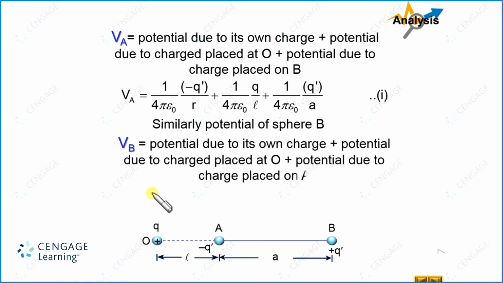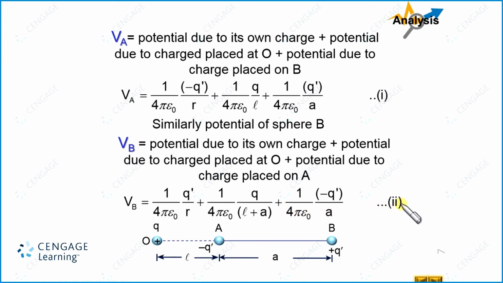Now, we can write the magnitude of V B. V B because of charge q dash is equal to 1 upon 4 pi epsilon naught q dash divided by r, plus the distance of this charge to B is L plus A. So, the potential due to q should be equal to 1 upon 4 pi epsilon naught q divided by L plus A, and the potential due to this at this position should be equal to 1 upon 4 pi epsilon naught minus q dash divided by A. So, this is the expression, equation number 2.